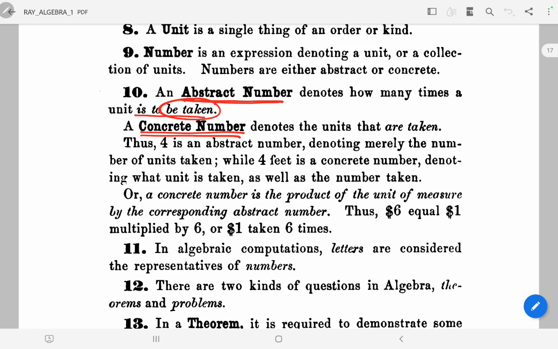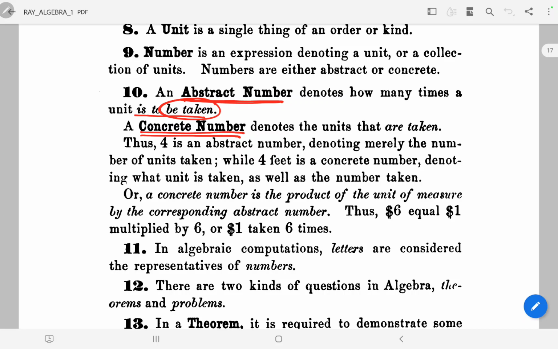Abstract means to take away from material things, to think about something, an idea abstracted or taken away from material things. An abstract number denotes how many times a unit is to be taken.